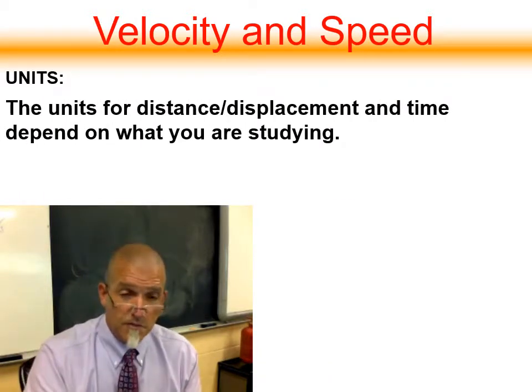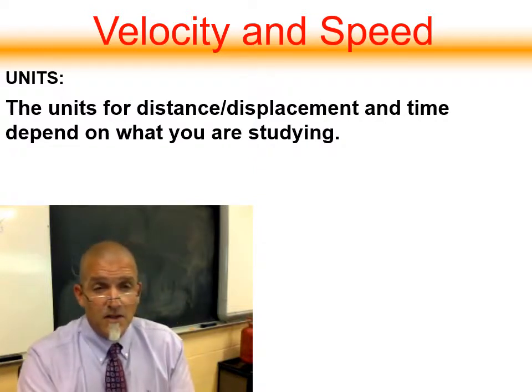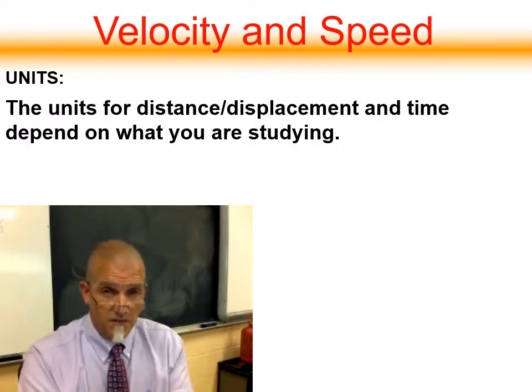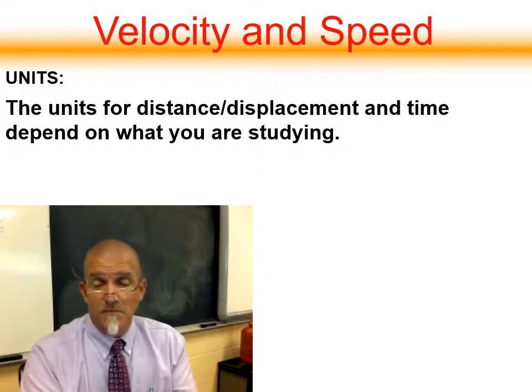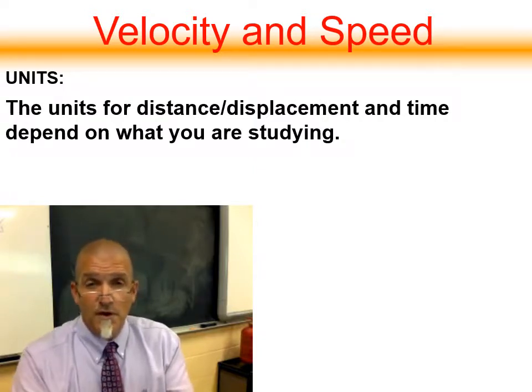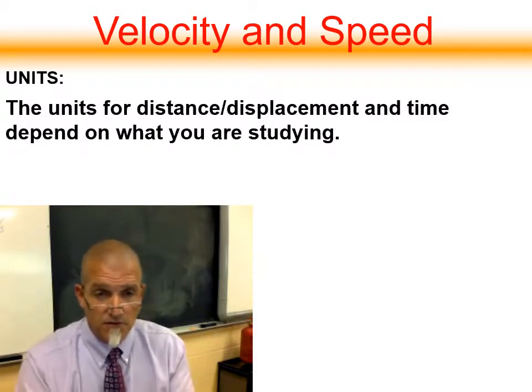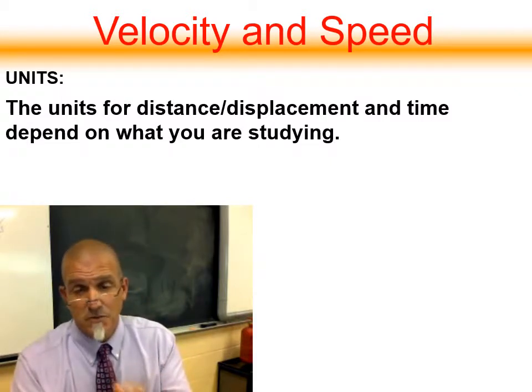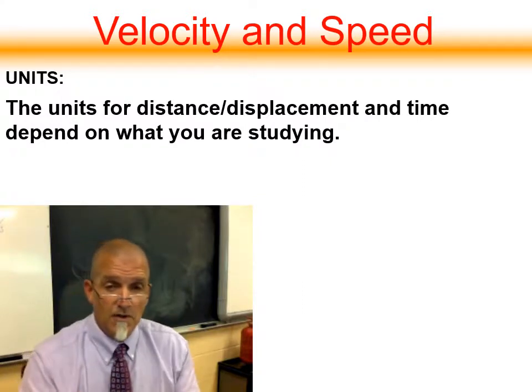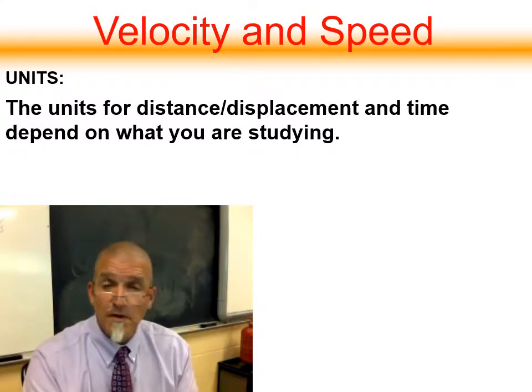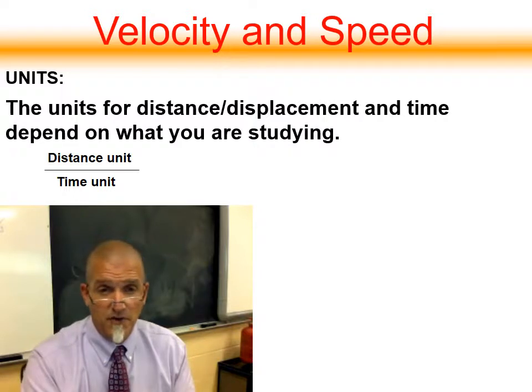The units for speed and velocity are anything that measures distance or displacement and anything that measures time. There is not one particular unit for speed and velocity. There can be a variety of different units: anything that measures distance or displacement over anything that measures time. It really depends on what it is we're measuring or studying.